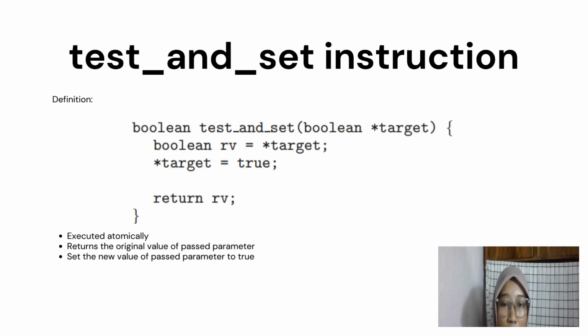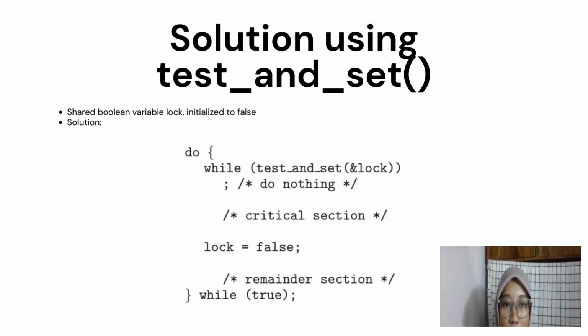Here is the definition of the test and set instruction. It executes atomically, returns the original value of the passed parameter, and sets the new value of the passed parameter to true. And here is the solution using the test and set function.